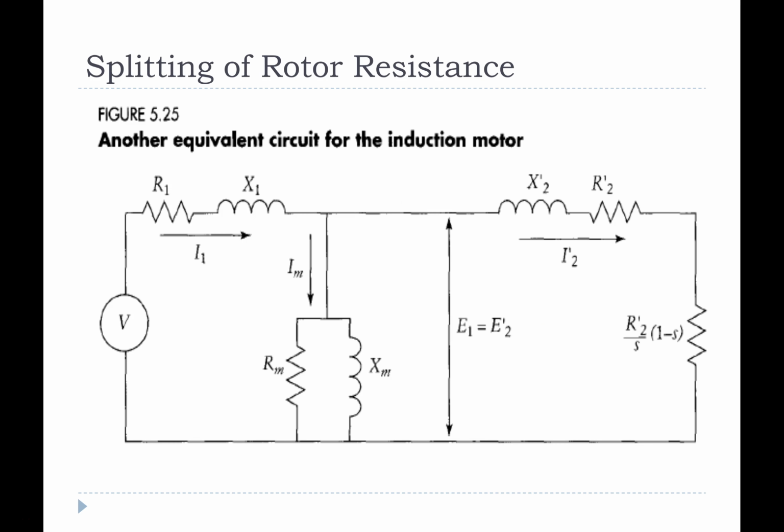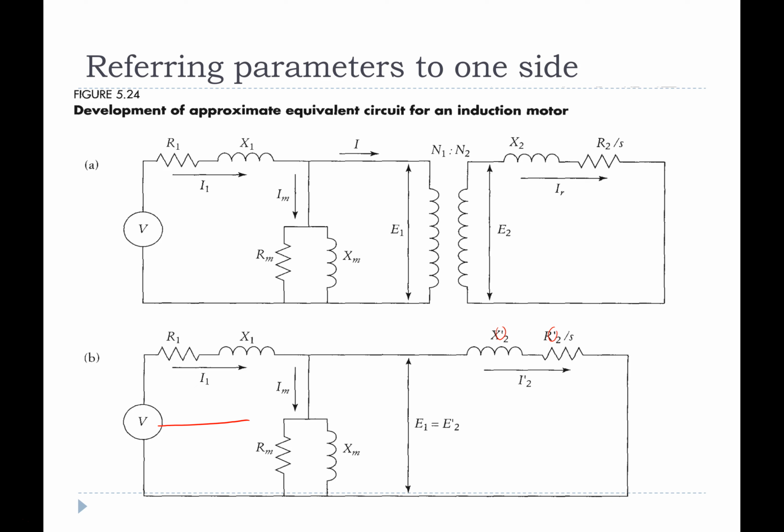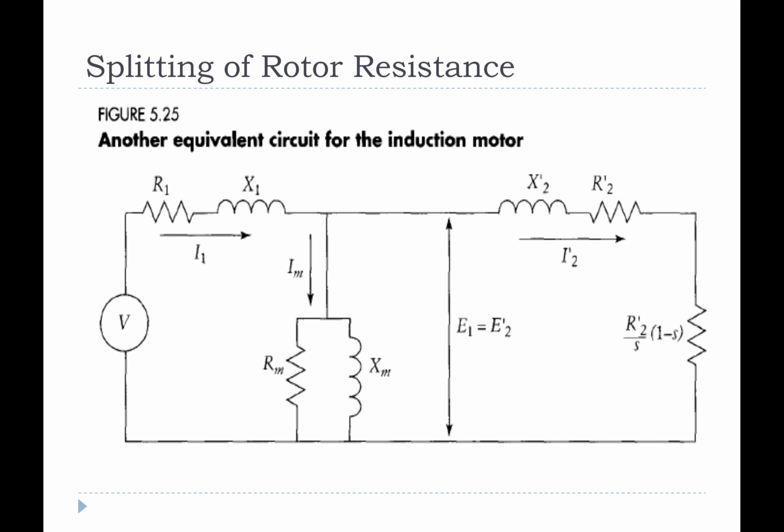Now that we've brought everything to one side, we're going to split the rotor resistance, R2 on S, into R2 prime, which represents the rotor copper losses, and the remainder.